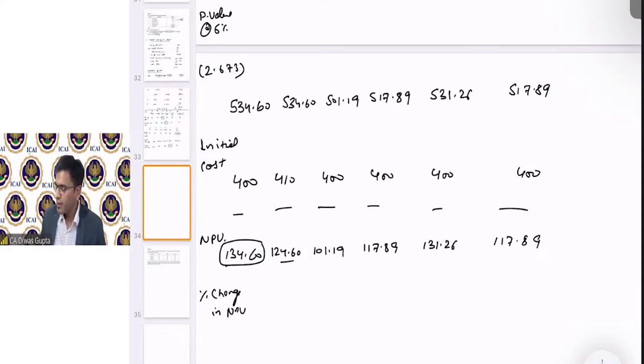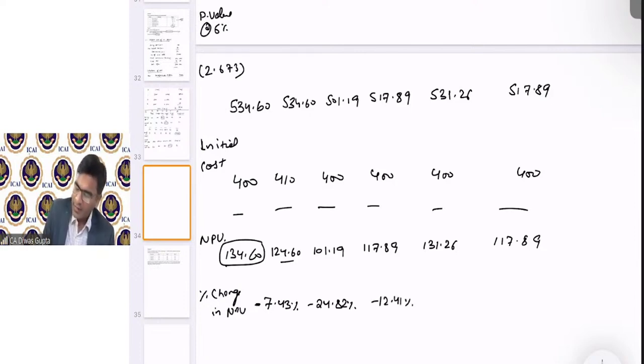Dividing 124.60 minus 134.60 by 134.60, this comes as minus 7.43 percentage. Next one comes as minus 24.82 percentage, minus 12.41 percentage, then minus 2.48 percentage, and lastly minus 12.41 percentage.